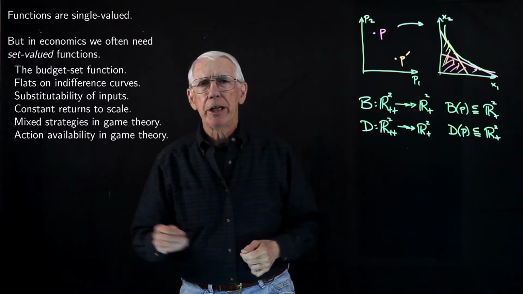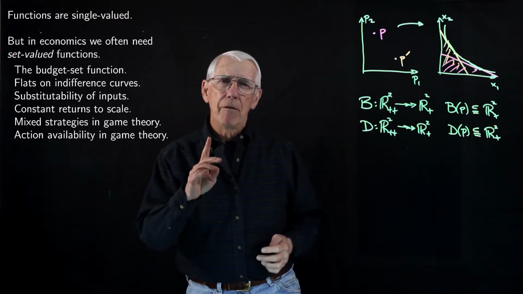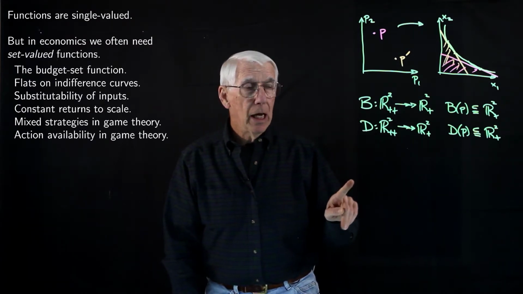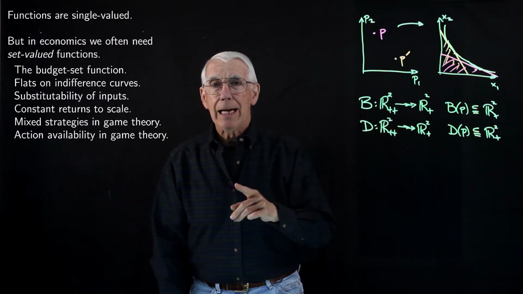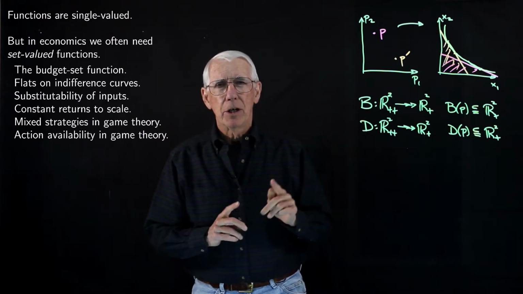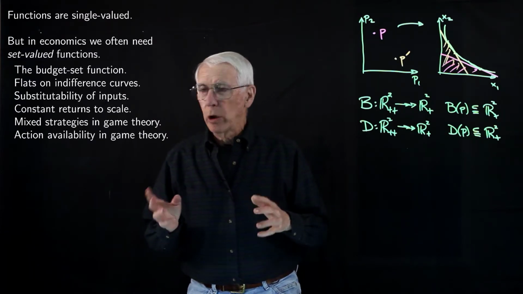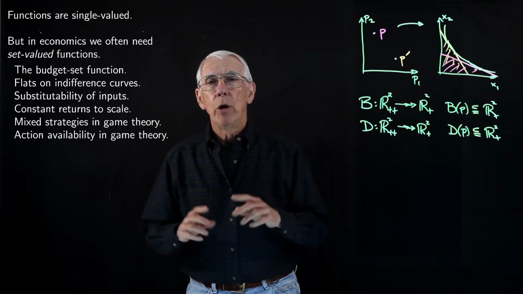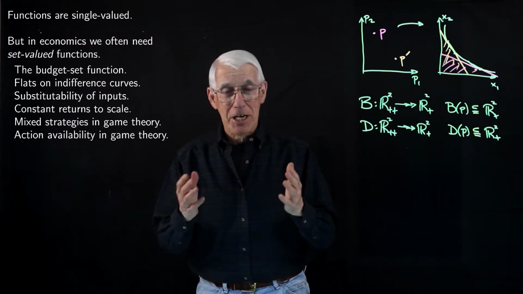And then we have two examples here from game theory. The first one, mixed strategies. If we want to take account of mixed strategies when we're working in game theory, we absolutely need to use set-valued functions. And in fact, I think the first place where set-valued functions like this were used in economics or game theory was in John Nash's original paper back in 1950, where he introduced the notion of a game theoretic equilibrium that immediately became known as Nash equilibrium.